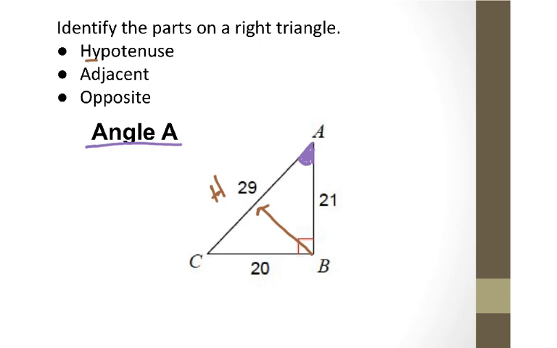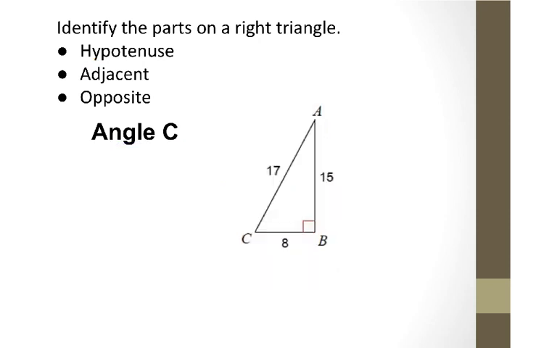Now adjacent I do next, because what always touches the hypotenuse is the adjacent. So what always touches that arc on your angle will be your hypotenuse and adjacent. So once you know hypotenuse, the adjacent comes next. And then opposite theta would be your opposite. So there's your A, O, and H for this triangle.